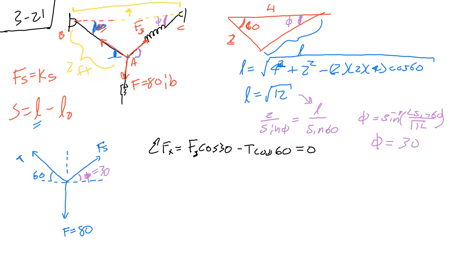And so now we're looking at that spring force. So spring force is going to be equal to T cosine 60 over cosine 30.